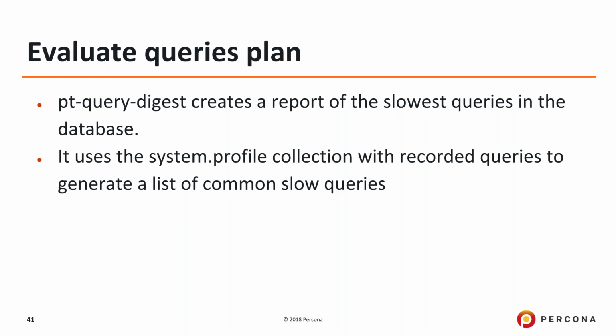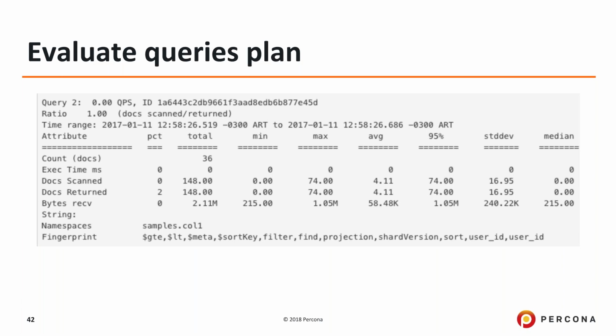So it'll create a nice report, but probably not as nice as the Percona Monitoring and Management component I was talking about, which has a web interface. PT Query Digest is a command line tool that will just read the profiler locally, and it won't have historical data. The profiler is only 100 megabytes of capped collection, so the Percona monitoring system will actually have more historical data.